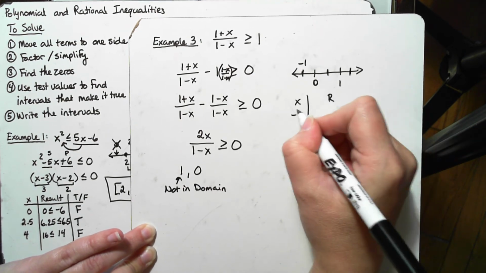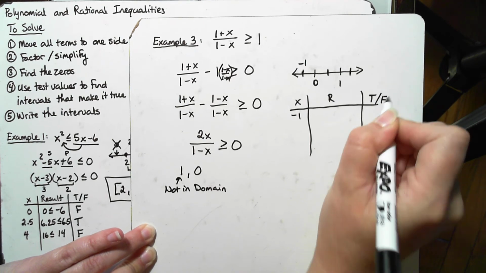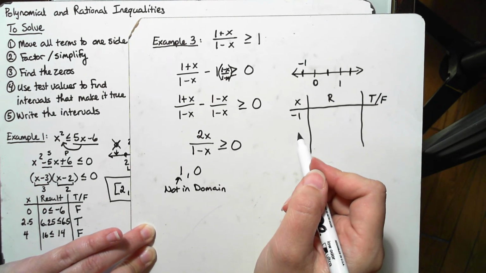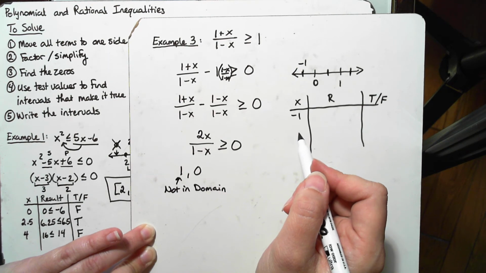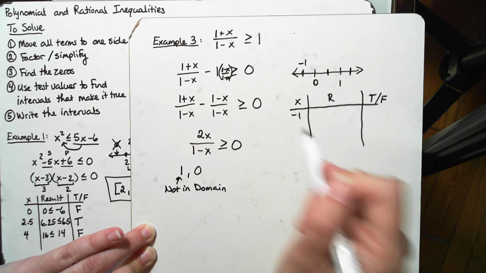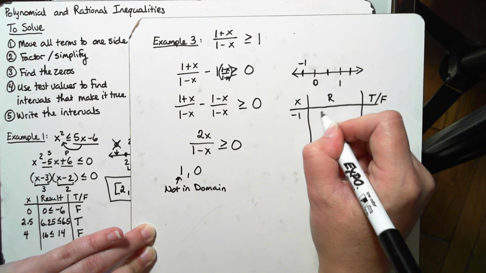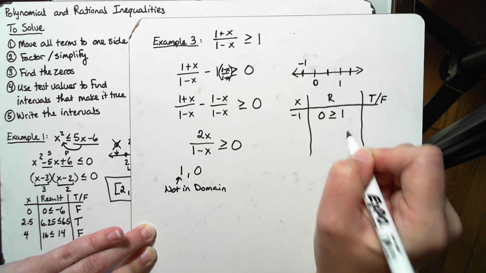Let me make my table here. And again, I'm going to put it back into my original inequality. I'm going to go back into the original one. So what I get when I put in -1 for x's up here is I get 0 is greater than or equal to 1.